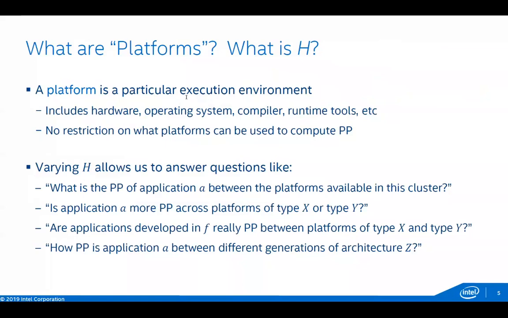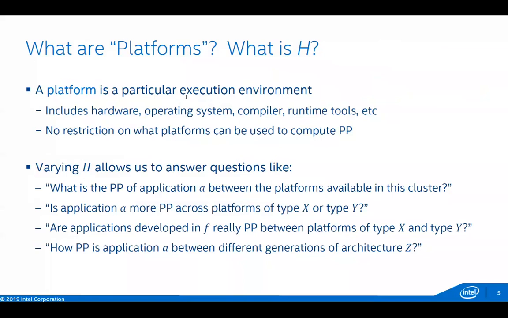You can test assertions from framework developers that their framework provides a certain level of performance portability between platforms of certain types. And you can look at the performance portability of an application across things like different generations or even different SKUs of one architecture. So for example, moving from Haswell to Broadwell to Skylake.